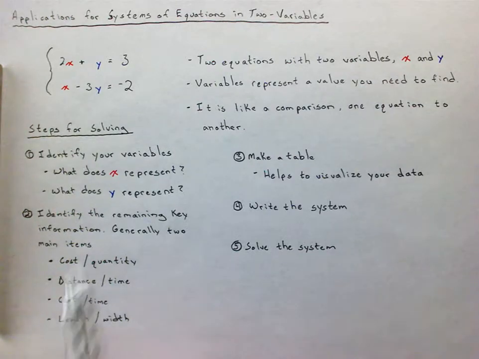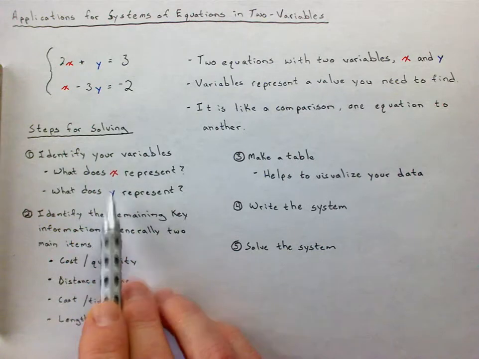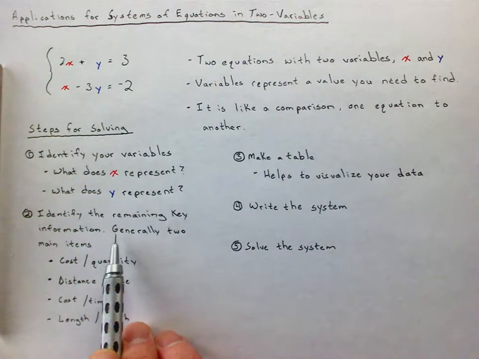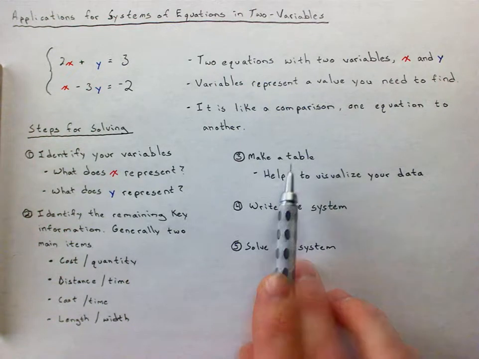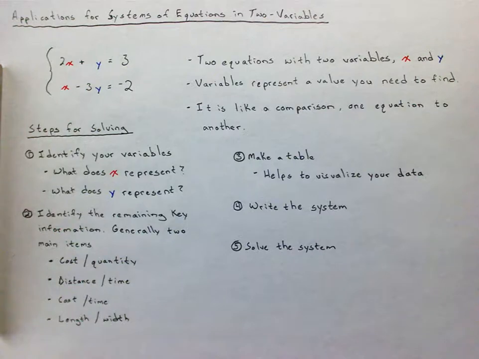Well, once you identify what your x value and your y value represent, and then you identify the 2 general categories that you're dealing with within your problem, make a table. Make a table to help simplify your work.